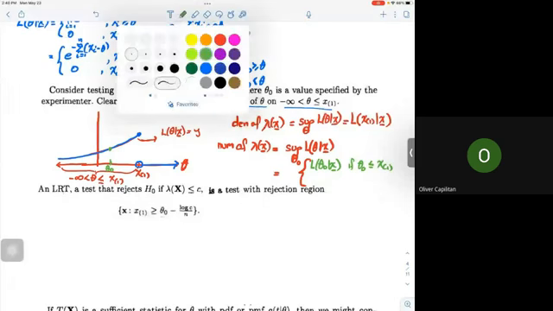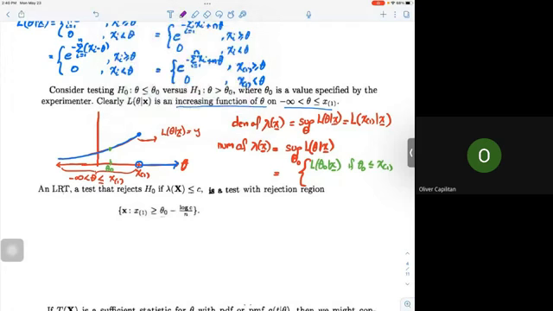Ito naman, kung nandito yung ating theta sub 0, that means that the minimum order stat is less than theta sub 0, or theta sub 0 is greater than the minimum order stat x sub (1).